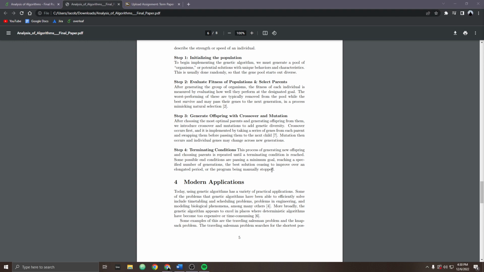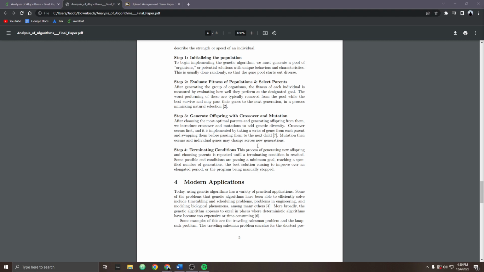So there are a lot of different terminating conditions. Some of them include reaching a certain number of generations, such as going on for 100 generations and then stopping.